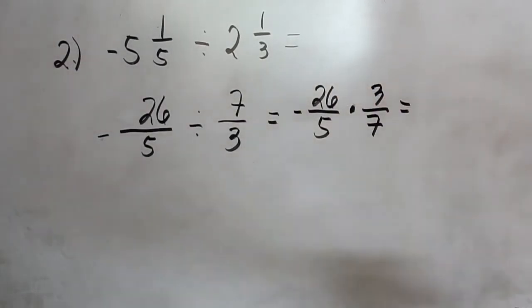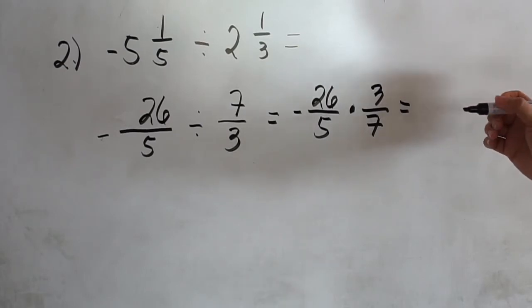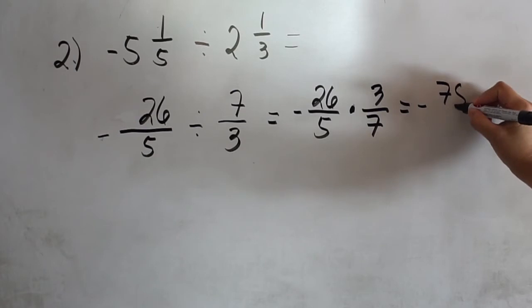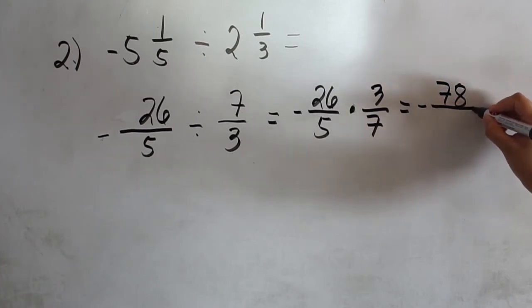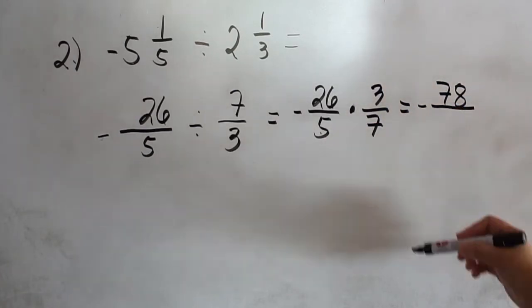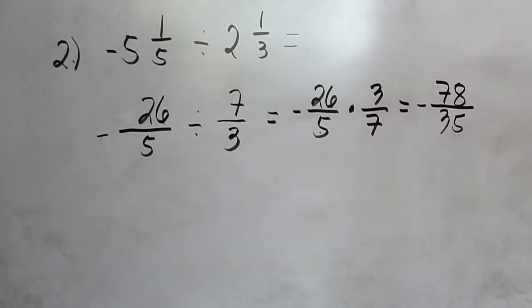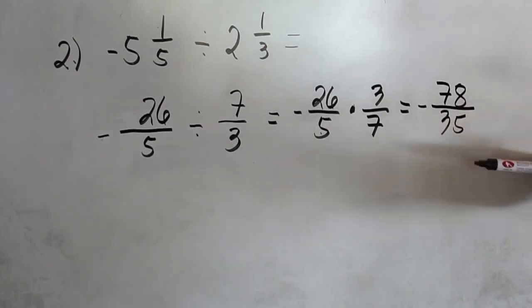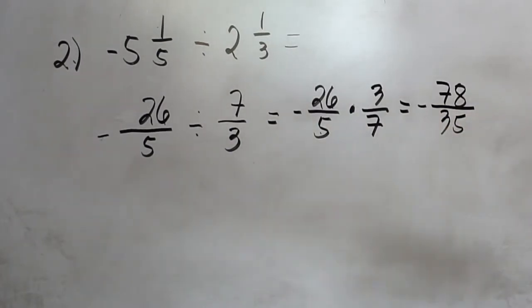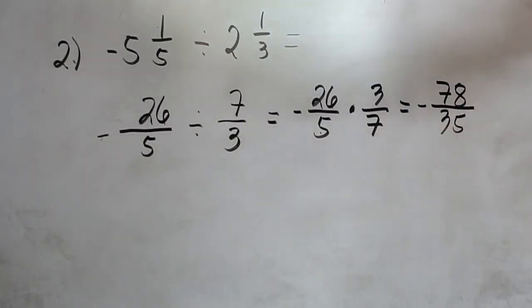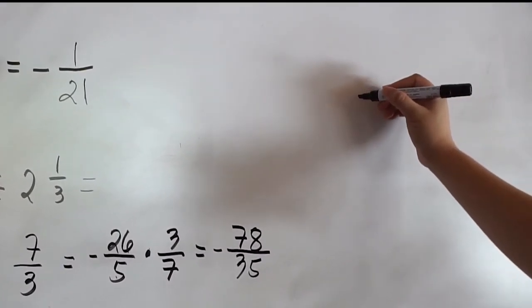So 26 times 3 is negative 78 over 5 times 7 is 35. We can still simplify this by converting improper fractions into mixed numbers. So, in converting improper fractions into mixed number, you simply divide it.